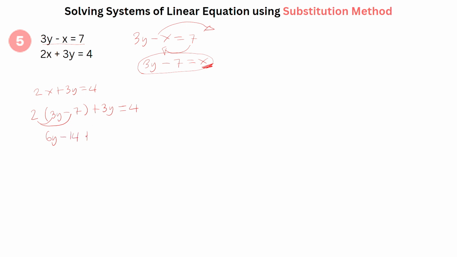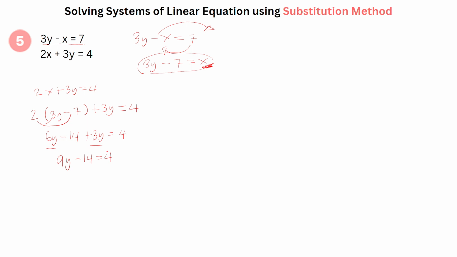And then plus 3y is equal to 4. So let's combine those with variables. We have 6y and 3y, both positive already, so you can keep them on the left side. What is 6y plus 3y? It's going to be 9y, and then minus 14 is equal to 4.